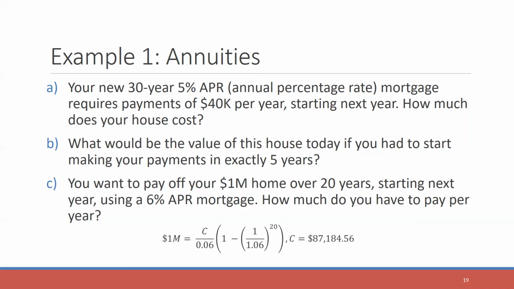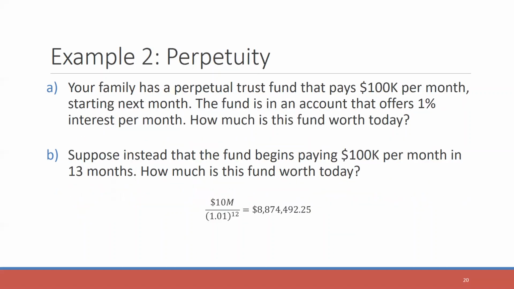The thing that we don't know is C, the level of payment that we'll have to make every single year. So that's exactly what we're solving for. So hopefully what you can take away from these examples is that we can always use what we have in this formula to solve for the thing that we don't.